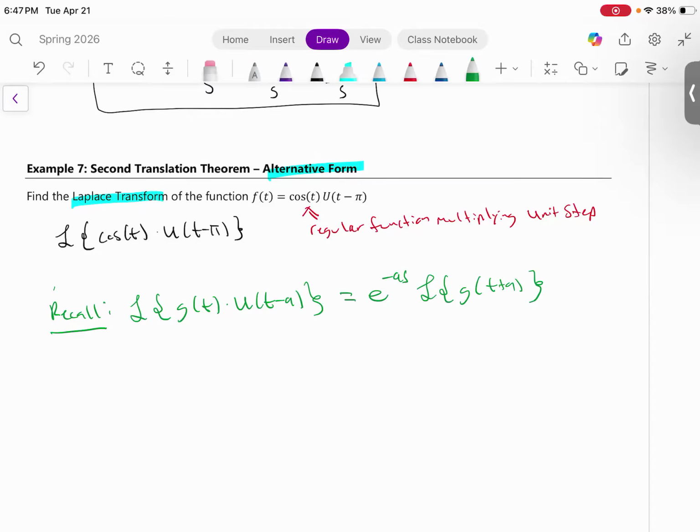So, you know, here cosine of t is g of t, and then pi is going to be a.